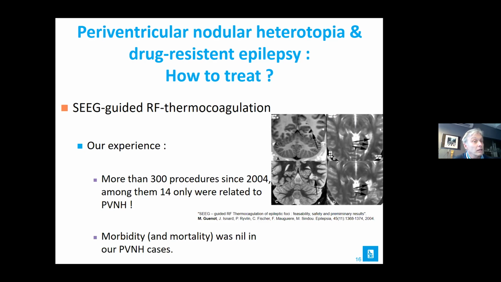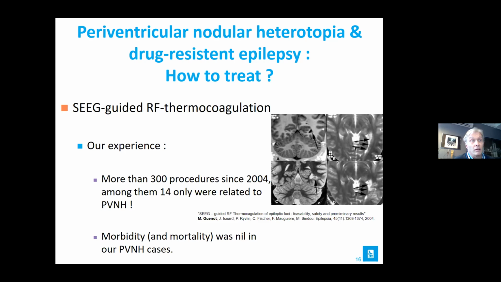So it is finally not frequent in our daily practice. And I think it is in accordance to what is found in the literature, because finally, the Milano group found somehow 20 heterotopia also in almost 20 years of experience. So this is not so frequent.